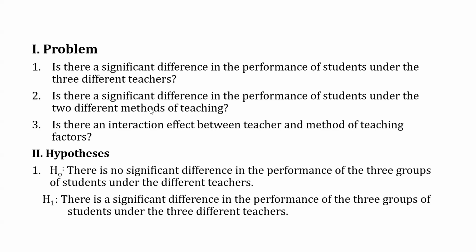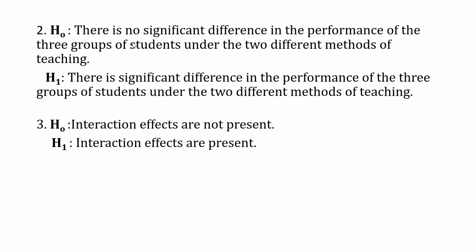Now, for the hypothesis of problem two, the null hypothesis: there is no significant difference in the performance of the three groups of students under the two different methods of teaching. The alternative hypothesis: there is a significant difference in the performance of the three groups of students under the two different methods of teaching.